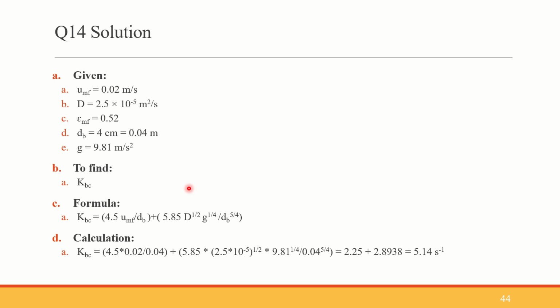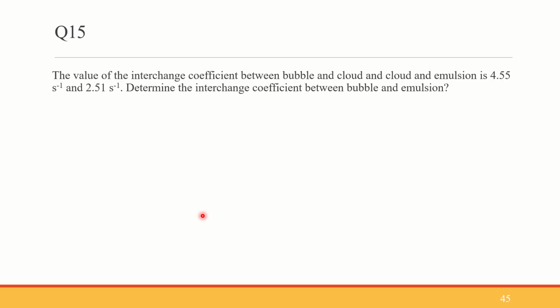So I hope it is clear. Only thing we need to remember is the formula for this particular problem. If we remember the formula, the rest is a direct substitution, so it is not an issue. So moving on to question 15, that is the last question for today's session.